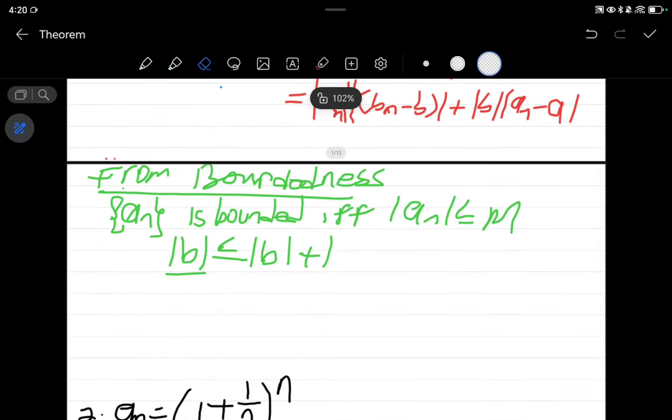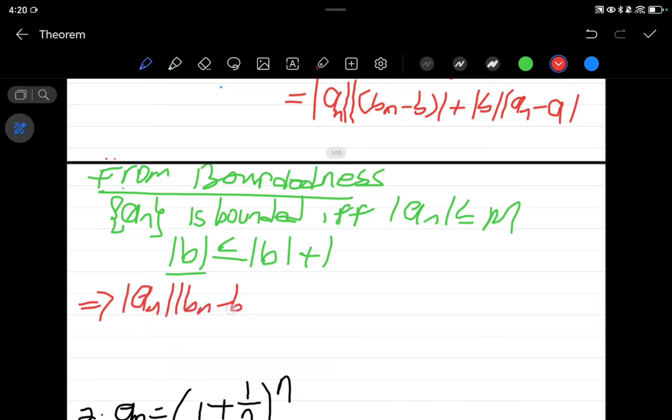Now we can say this would imply that the absolute value of bn minus b plus the absolute value of b times the absolute value of an minus a will be less or equal to, we'll substitute m on that, right?